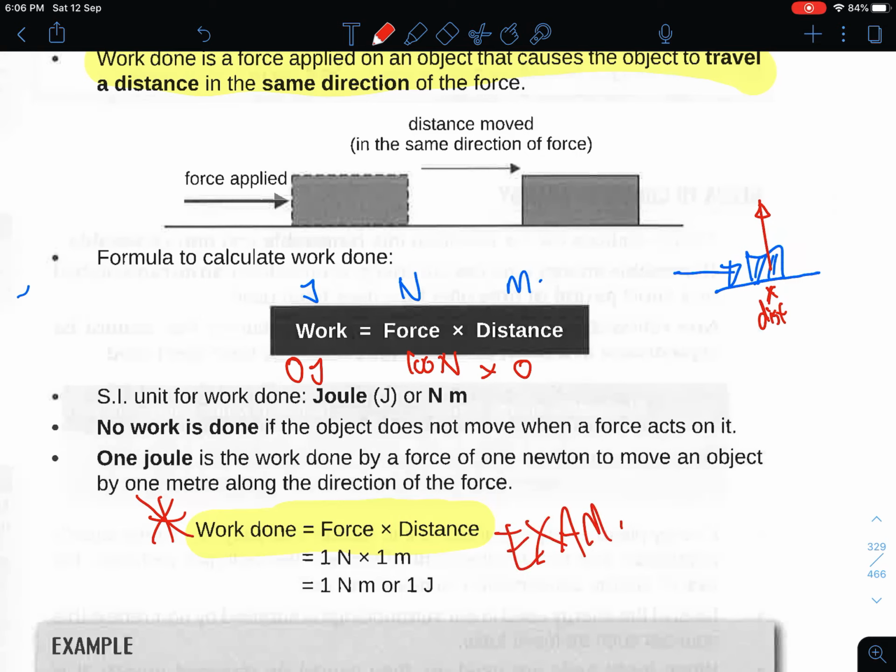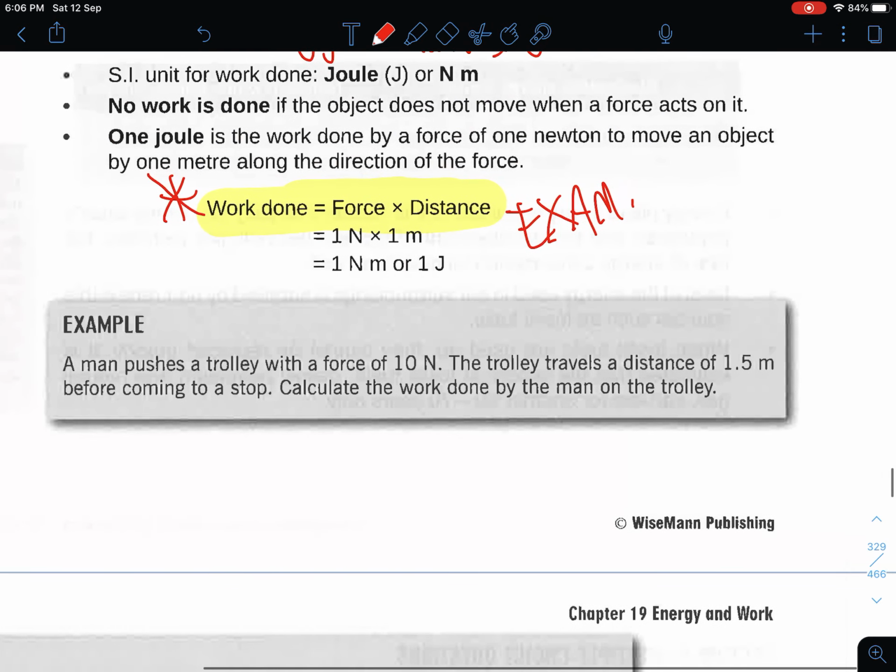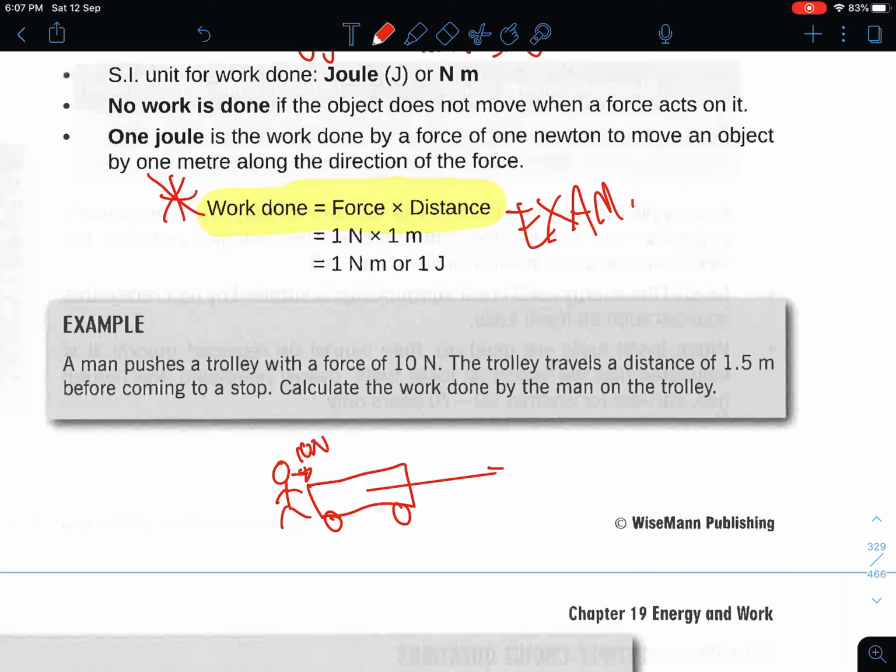Now let's look at some questions that can be asked in terms of this particular area. A man pushes a trolley with a force of 10 newton. So you have one man pushing something, a trolley maybe, with a force of 10 newton. The trolley travels for a distance of 1.5 meter to a stop.